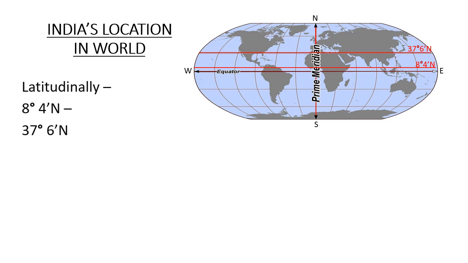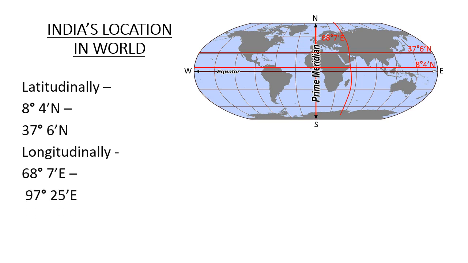So now we will see its longitudinal extension. Longitudinally, India lies between 68 degree 7 minute east, meaning to the east of the prime meridian, and 97 degree 25 minute east, meaning it lies completely to the east of the prime meridian in the eastern hemisphere.